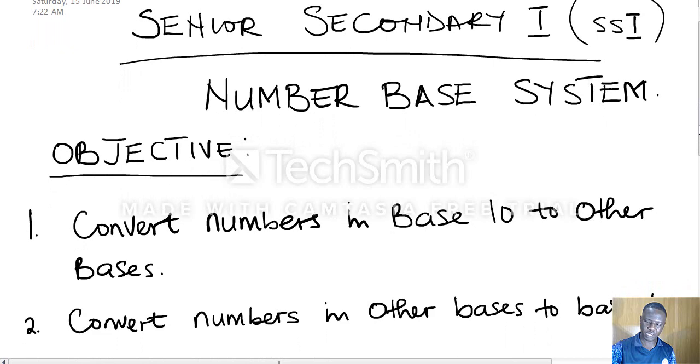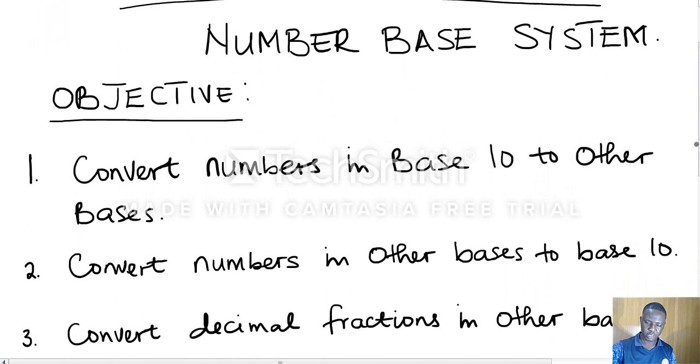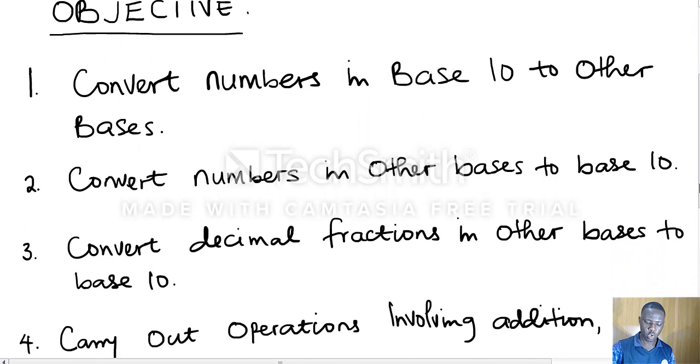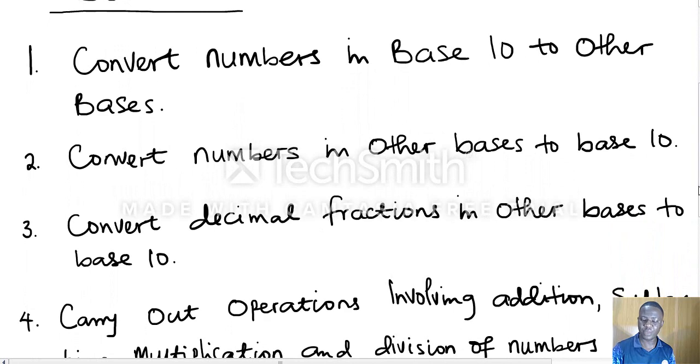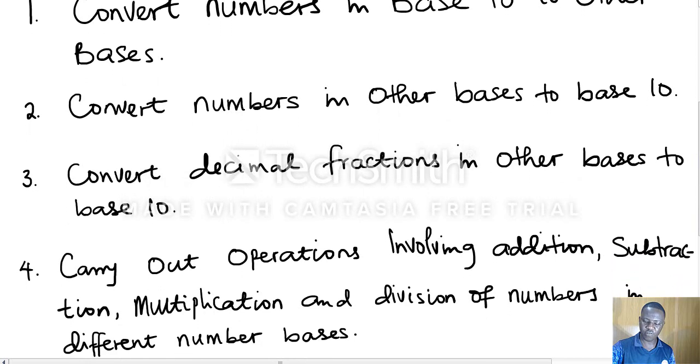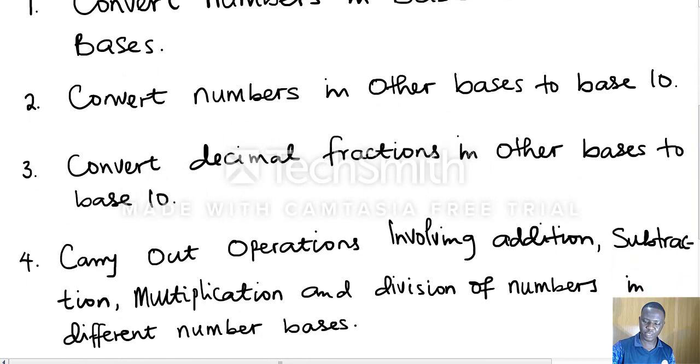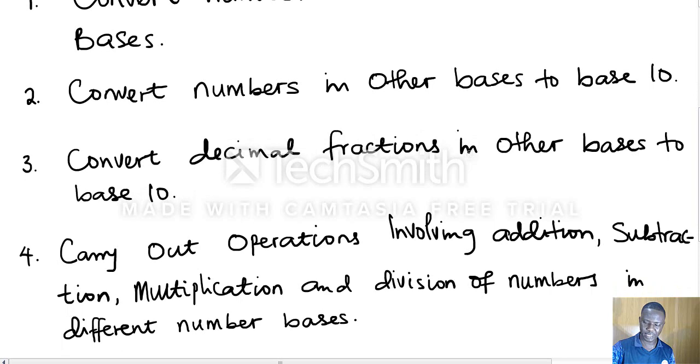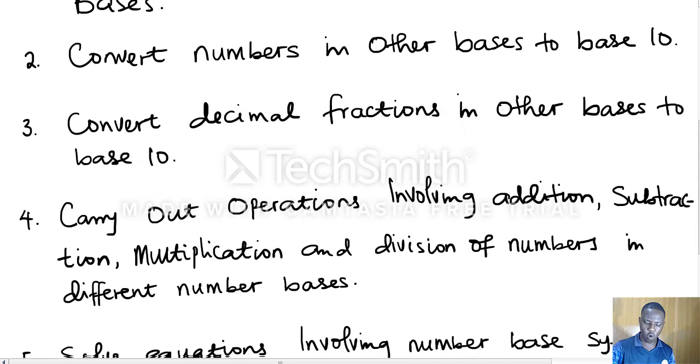At the end of the class, the students ought to have learned: 1. How to convert numbers in base 10 to other bases. 2. Convert numbers in other bases to base 10. 3. Convert decimal fractions in other bases to base 10. 4.